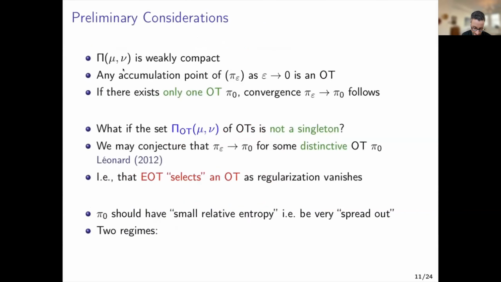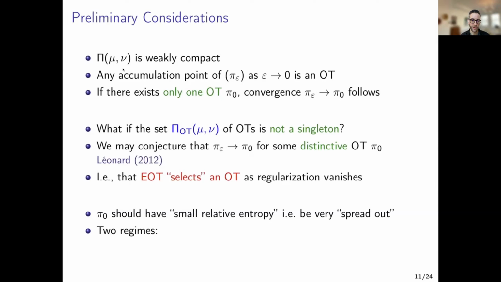Okay, so let's start with some easy and preliminary considerations. We're looking at a sequence pi epsilon, epsilon going to 0. What could happen? Well, firstly, these are all couplings of the same two marginals mu and nu. Those are fixed. The set of all couplings is weakly compact. That's just a fact. So that sequence pi epsilon necessarily has accumulation points, at least for weak convergence.